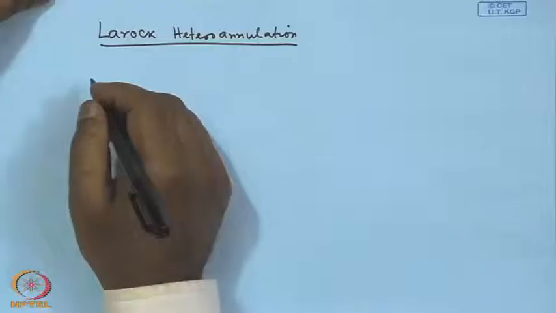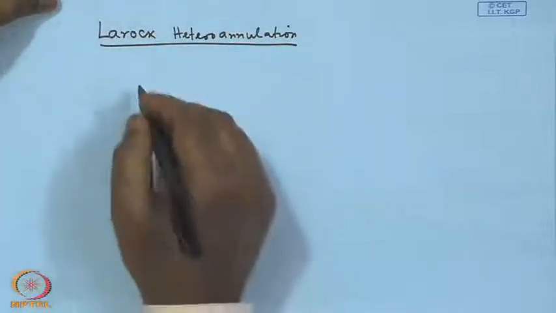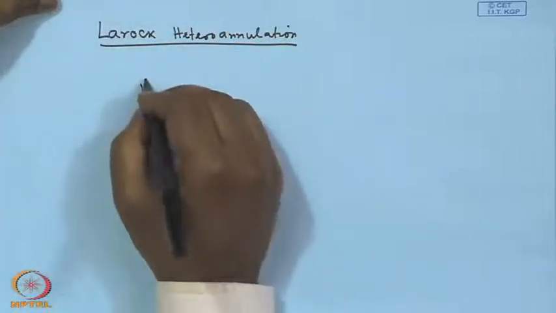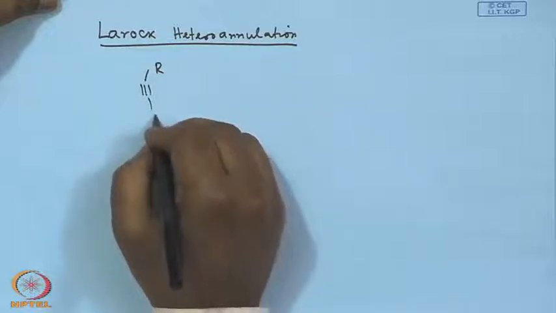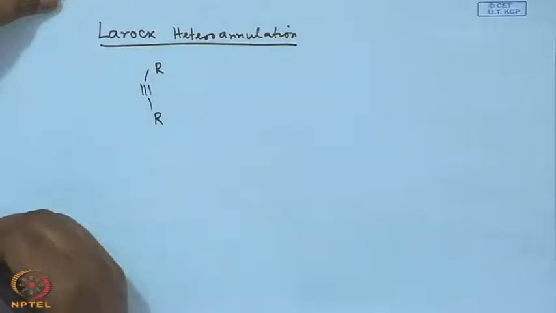And what is the starting metal? The previous one was sort of an intramolecular reaction, but in this case the name Larock annulation itself says that it should be an intermolecular reaction. Normally annulations are intermolecular reactions, that means you have to have two different components, okay, two different components, and in this case one of the components is, let us say like this, an alkyne.